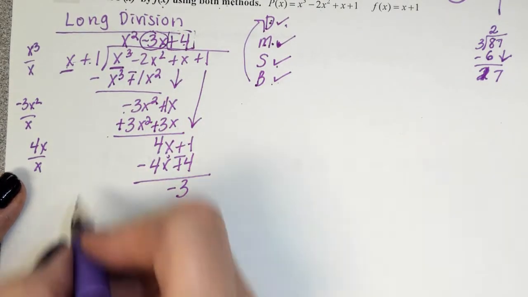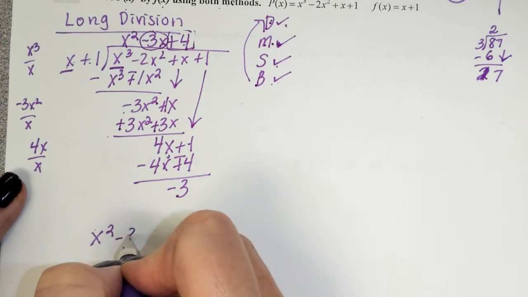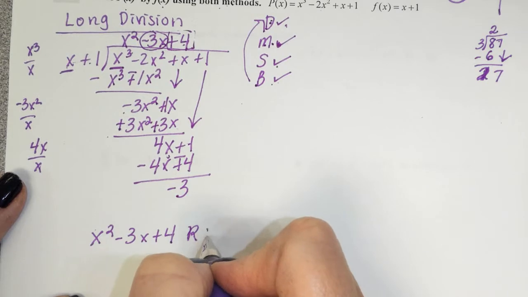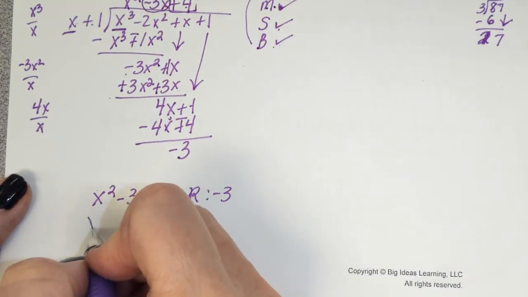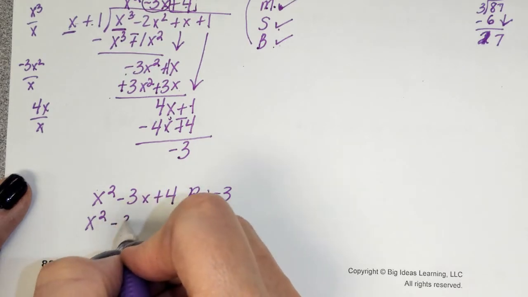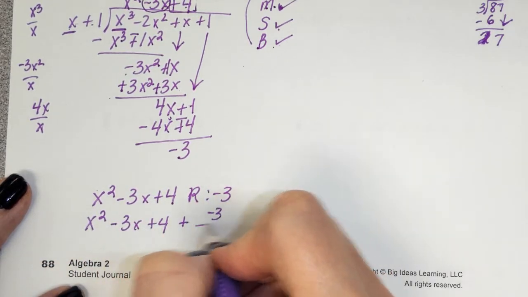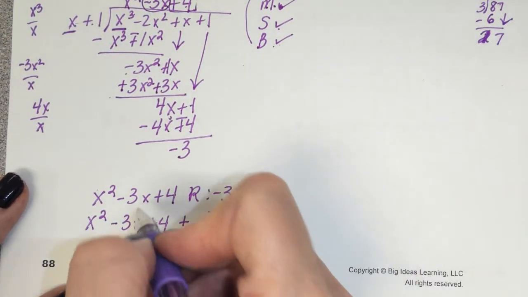So here's my answer then. My quotient is going to be x squared minus 3x plus 4, remainder of negative 3. Or I can write it as x squared minus 3x plus 4 plus negative 3 over my divisor.